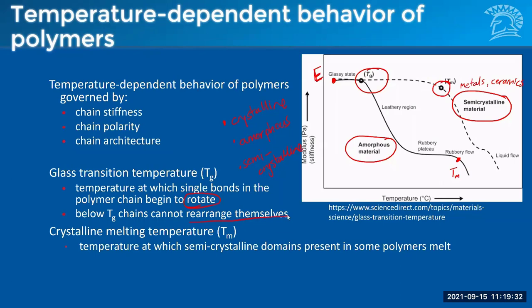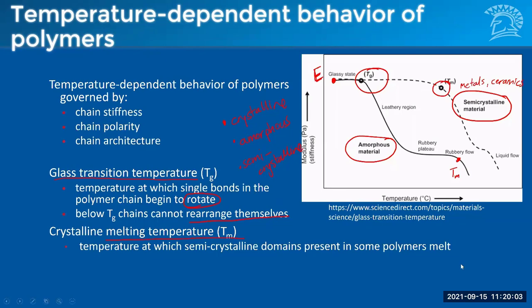So the summary here is that we've got two different characteristic temperatures for polymers. We can talk about a melting temperature for materials that are crystalline or semi-crystalline. And for amorphous materials, instead of melting temperature, we generally talk about the glass transition temperature as the temperature at which interesting things start to happen in the polymer, meaning that it starts to deform, bonds start to rotate, and the chains start to slide past one another.